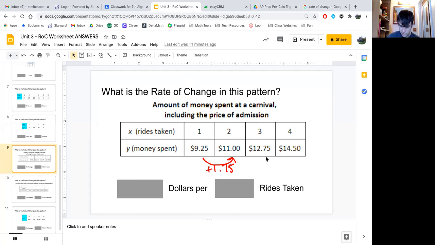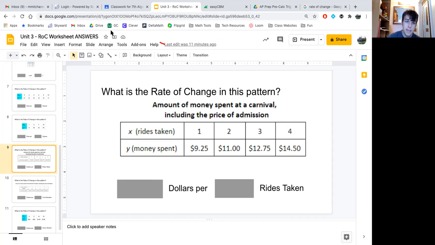Same idea, $1.75, and we're increasing the number of rides by 1. So it is $1.75 per one ride taken. That is our rate. Makes sense. We don't need to reduce this because it's already per one, so it's in simplest terms already.